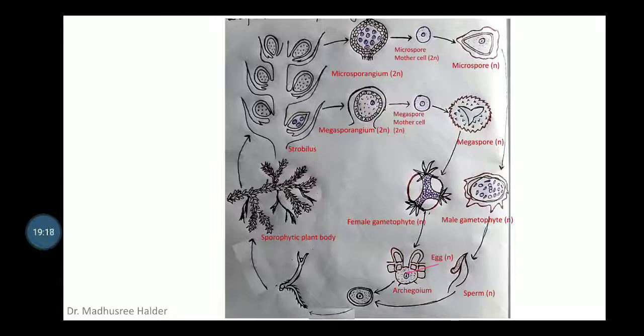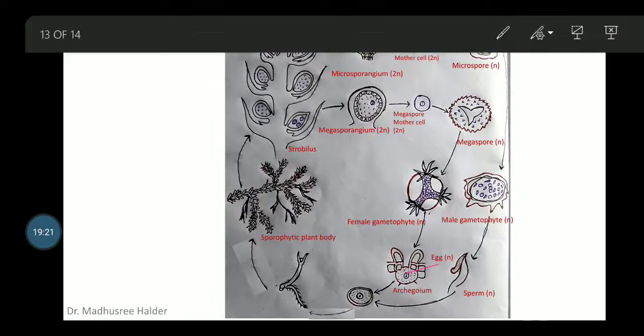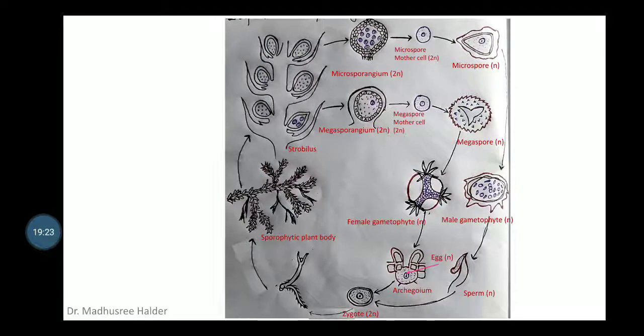After fertilization of egg and sperm cells, a zygote is formed which is diploid, or 2n. A young sporophyte is developed from the zygote, and this is the whole structure of the Selaginella life cycle.